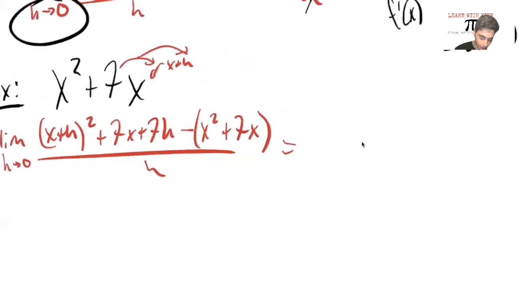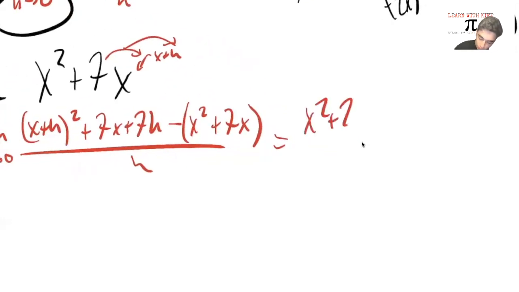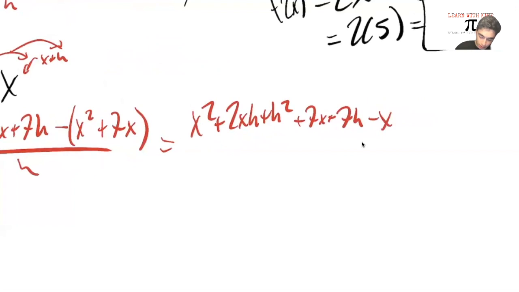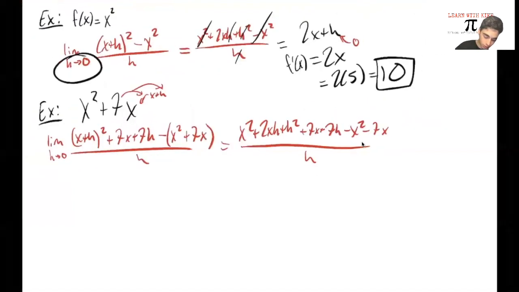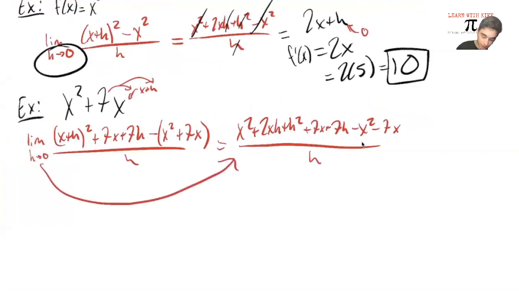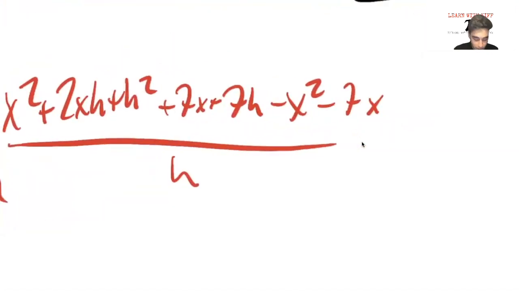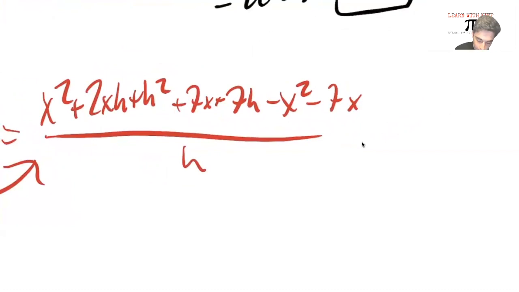Okay, so let's just FOIL everything out. So we have x squared plus 2xh plus h squared plus 7x plus 7h minus x squared minus 7x over h. And of course, this limit still applies there. I forget to write it every time, but it's still there. Okay, so these cancel out right here. These cancel out right here.